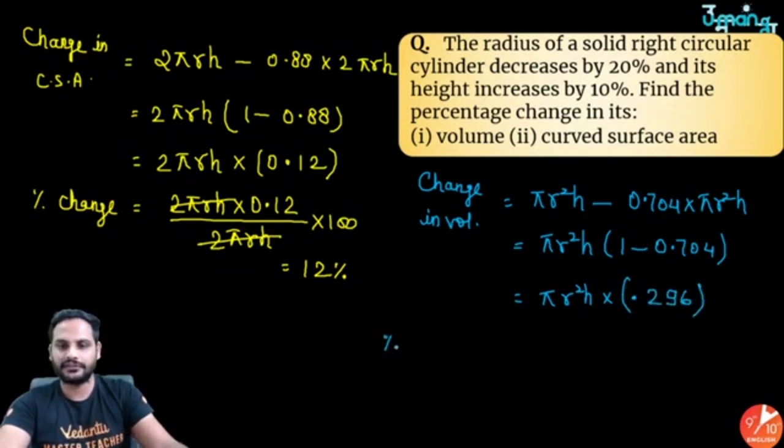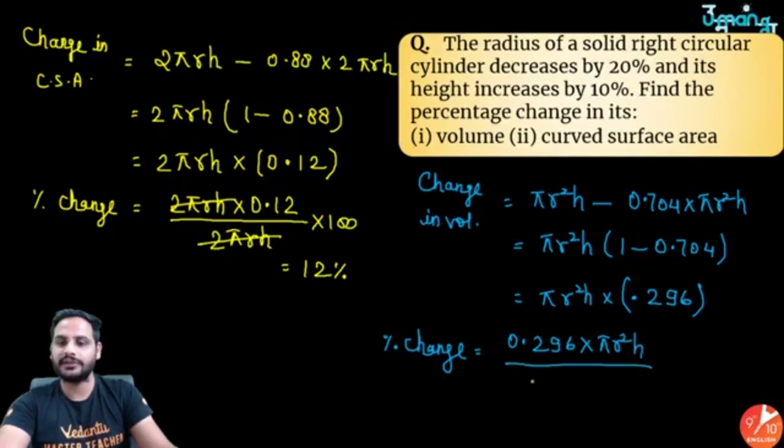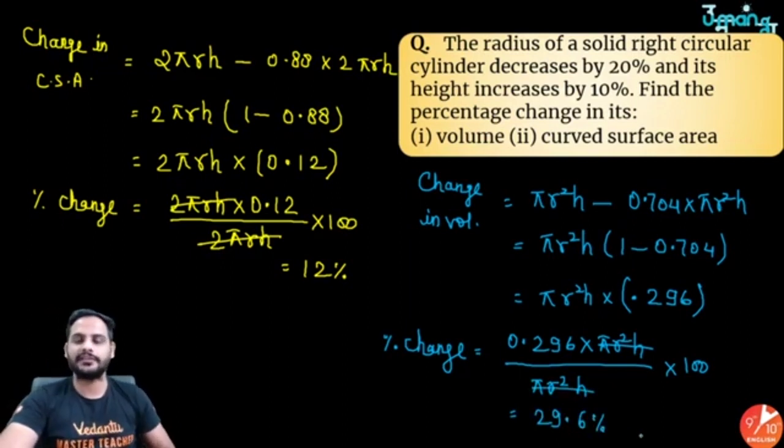So the percentage change in volume will be 0.296 into pi r square h, the change in volume, divided by the original volume pi r square h, into 100. This cancels with this, so it will be 29.6%. So the change in CSA is 12%, and the change in volume is 29.6%.